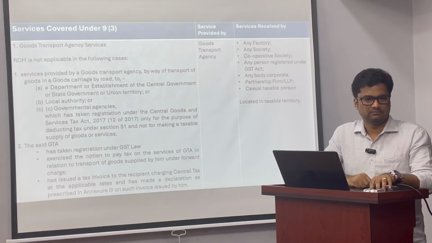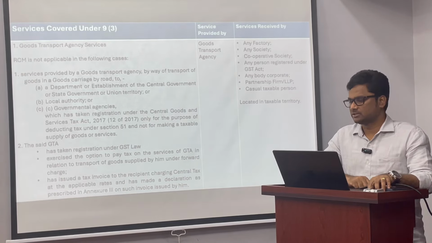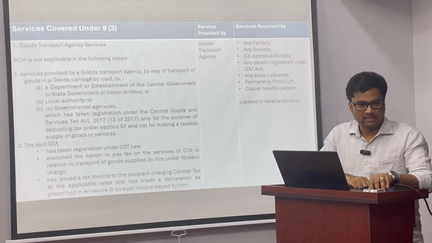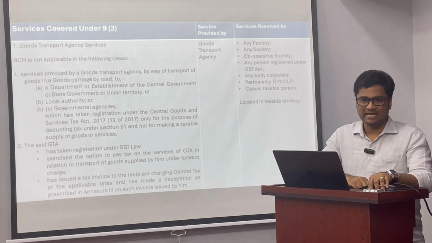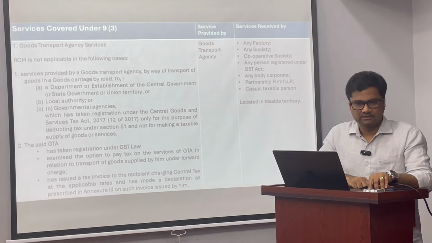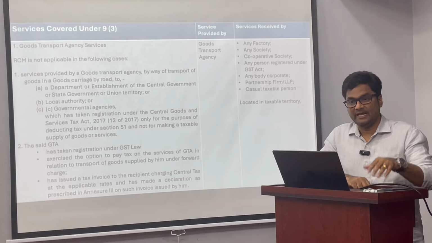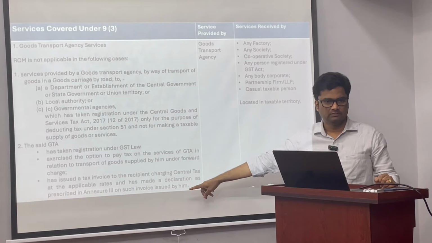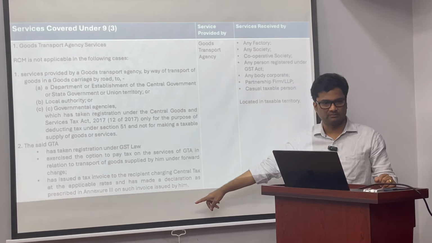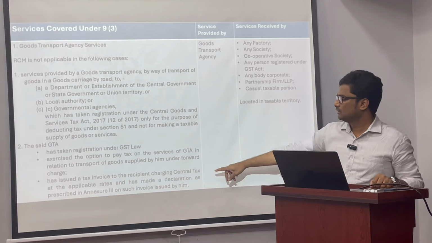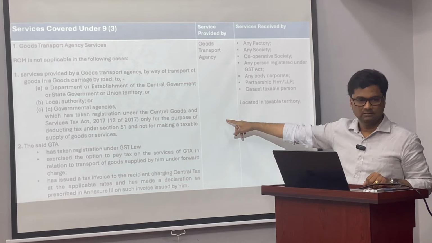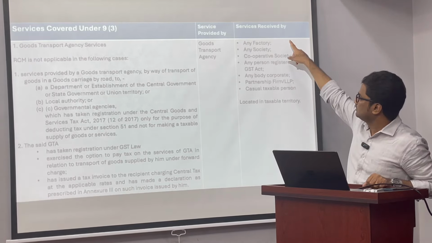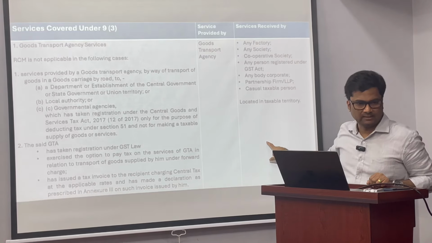This is a big list. Very popular Notification number 13/2017 CTR dated 28 June 2017 lays down the list of services which are covered under this notification, that is applicable to reverse charge, and who should be the service provider to attract RCM, and who should be the service receiver to attract the RCM.